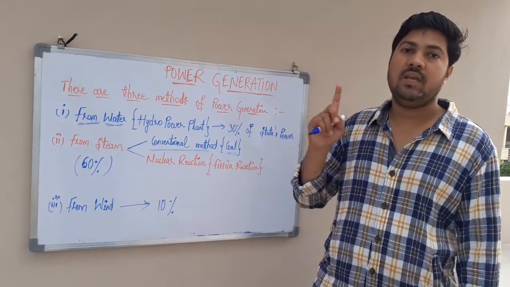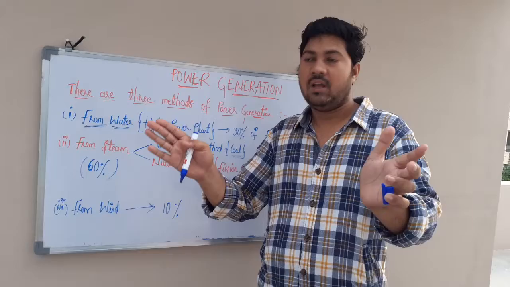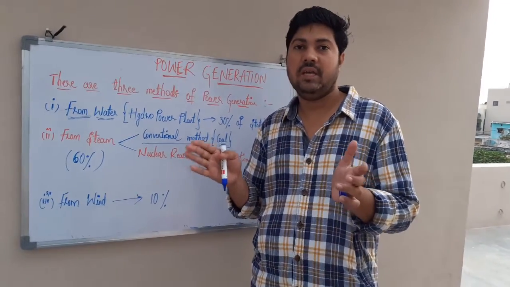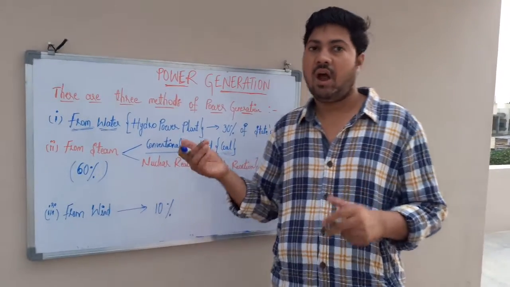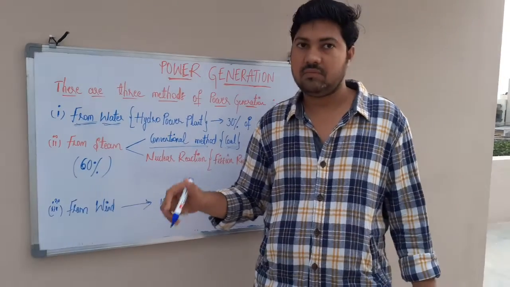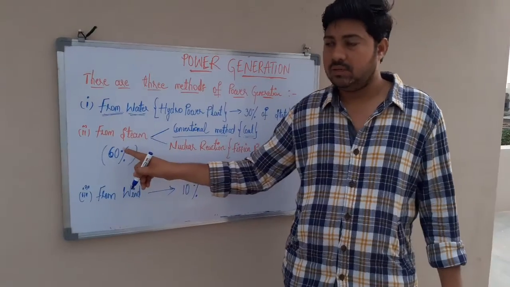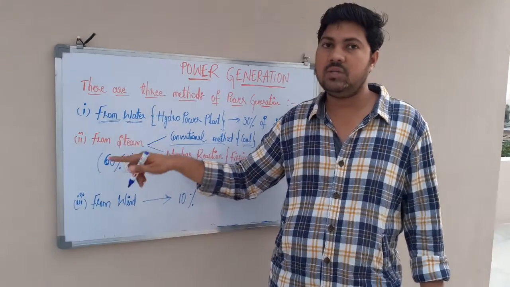It means one helium atom will be divided into two hydrogen atoms. In this process there is a lot of heat generation, and we use this heat to convert water into steam. So these two methods are used to generate the steam, and this steam is finally used to generate power.